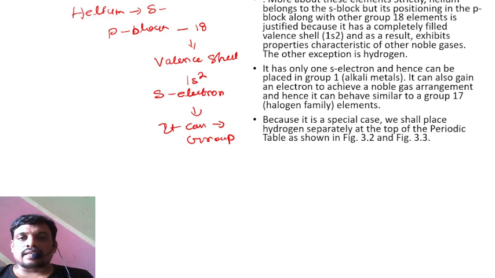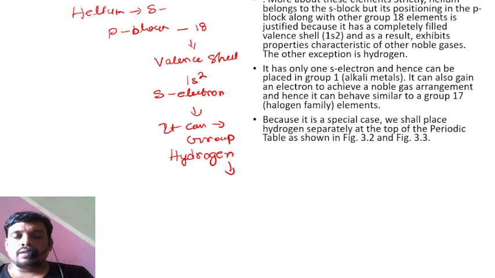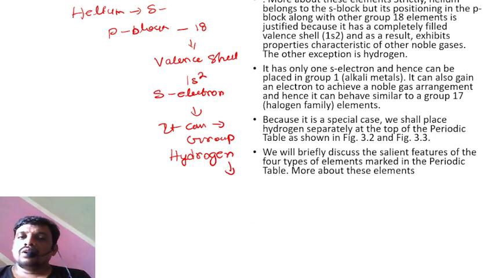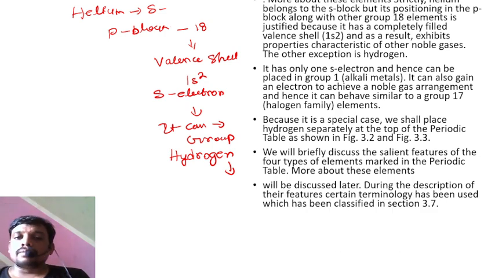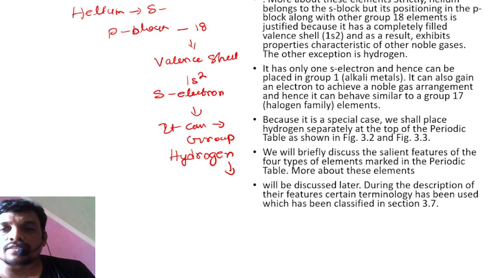Because it is a special case, we shall place hydrogen separately at the top of the periodic table, as we have seen so far. We will briefly discuss the salient features of the 4 types of elements marked in the periodic table. I will show the periodic table and the marked elements in the diagram. We will discuss later. During the description of their features, certain terminology has been used which has been classified in the section.